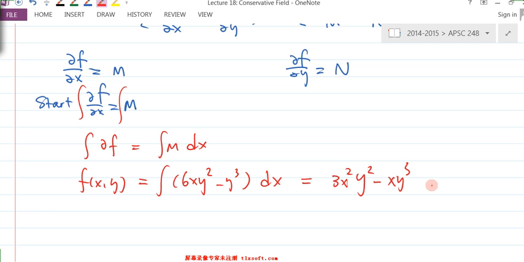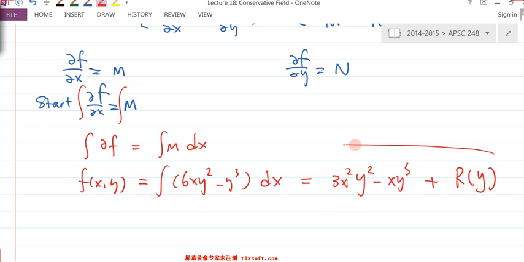Typically you would add a constant c, but that's only when you have a single-variable function. Right now, y is also considered a constant, so you need to add not a constant but a function of y. Can you see the reason?